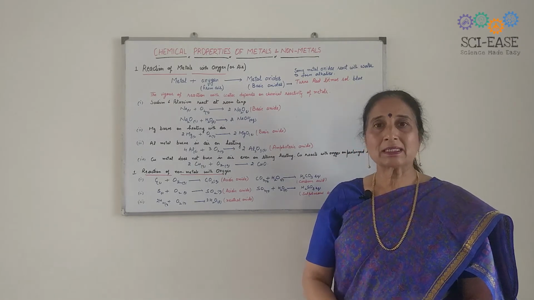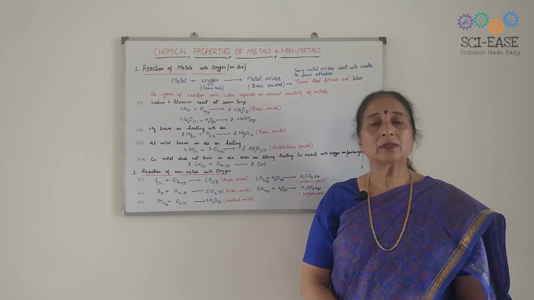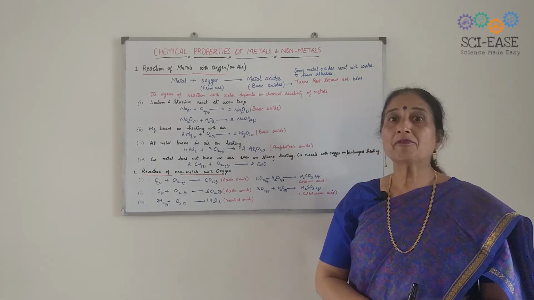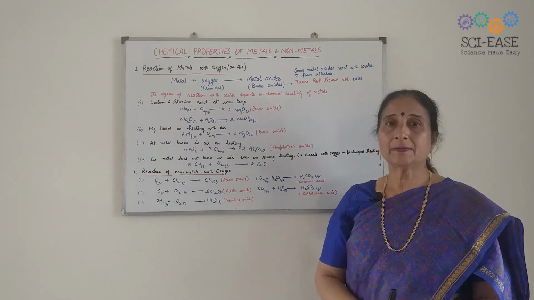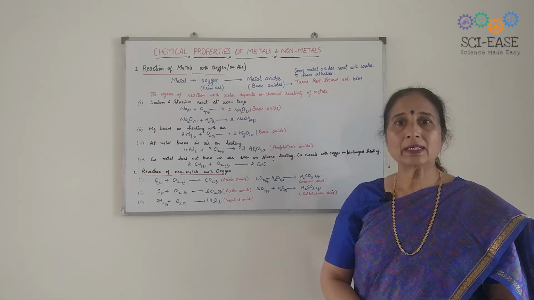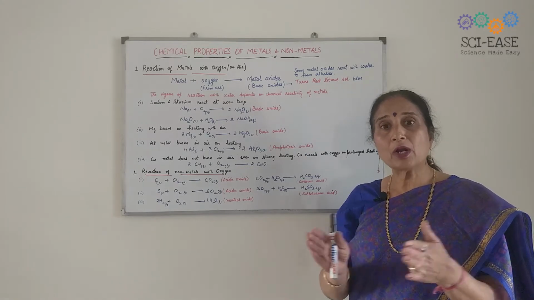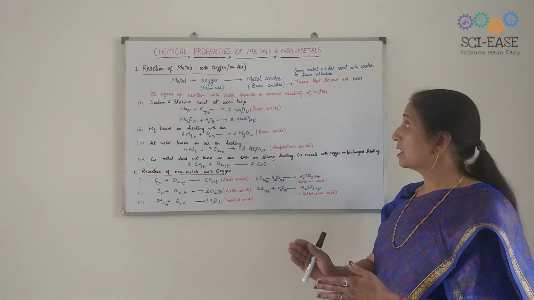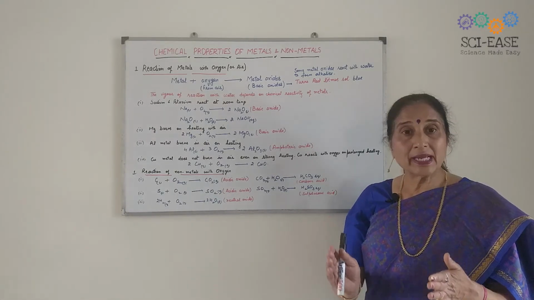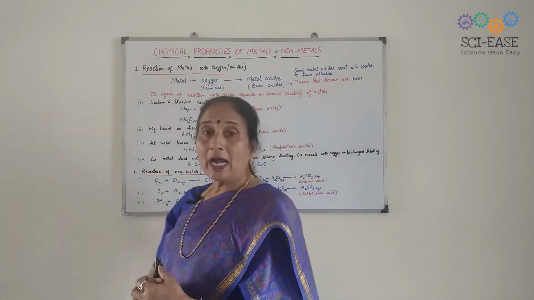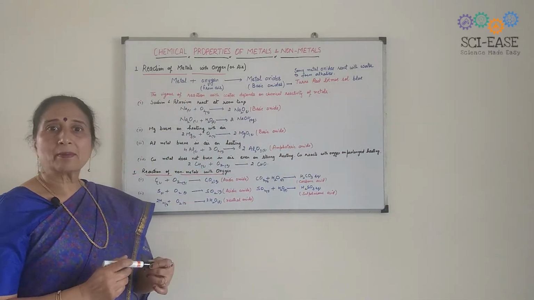Some metals will react with oxygen at room temperature. Some will react on heating. For some, strong heating is required, and for some, prolonged heating is required. So it depends upon the chemical reactivity of the metals. I will tell you this by taking some examples.